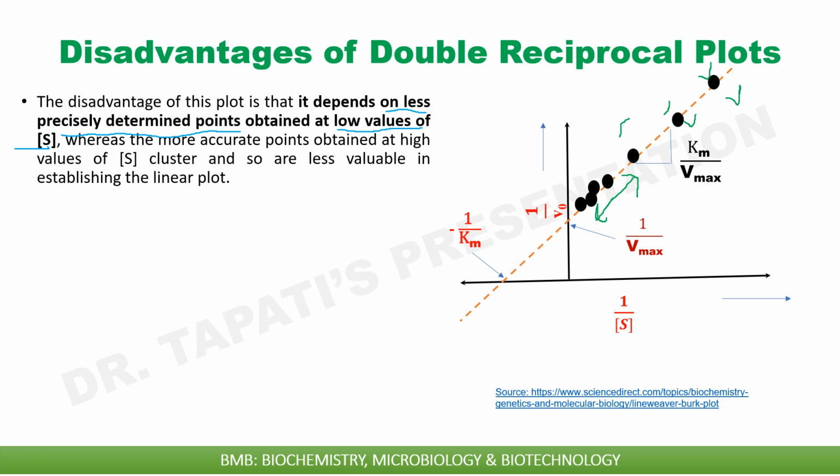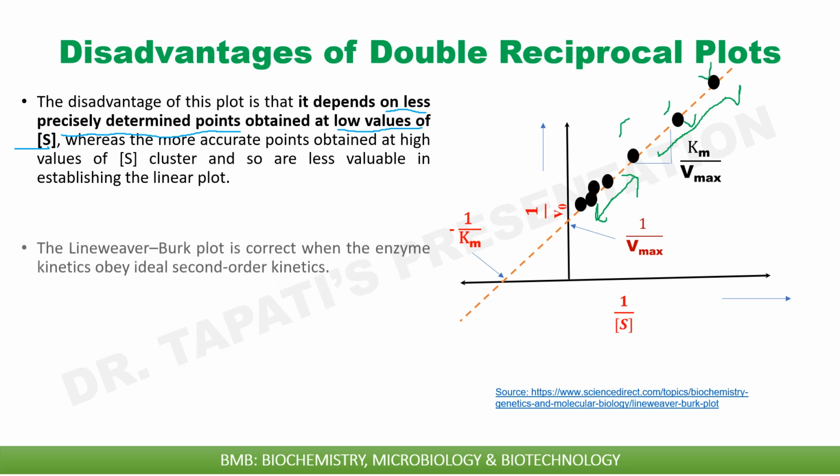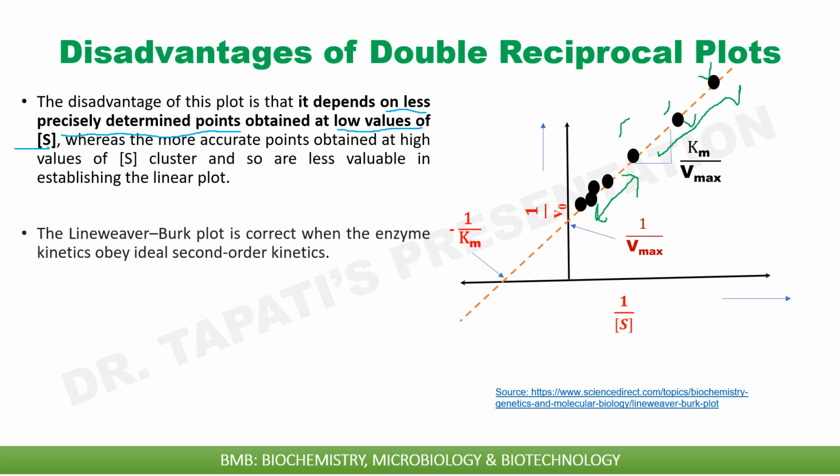We are plotting the straight line depending on the lower concentration of substrate. Therefore, it is less valuable in establishing the linear plot. You can see that here there is a cluster of points at higher substrate concentration, but at lower substrate concentration points are perfect, depending on which the straight line is drawn.